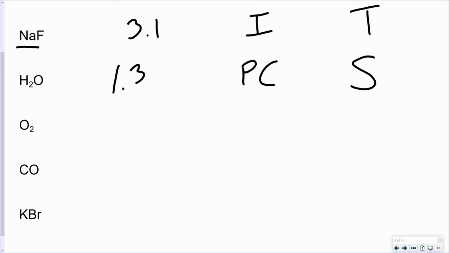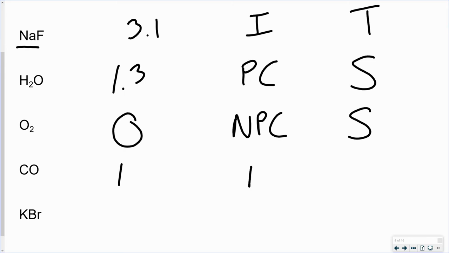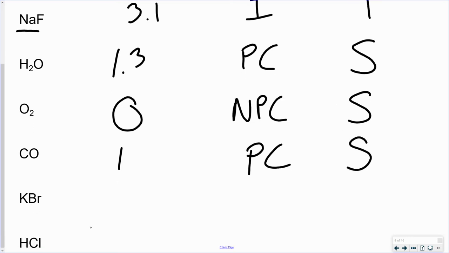3, 2, and 1. Anytime that you have two of the same elements bonded together, it's a 0, making it NPC, and they are also going to be shared. C and O, the difference there is 1, which makes it polar covalent, which means that it is also shared. K and Br, I know instantly that because K is a metal and Br is a non-metal, this is going to be transferred.